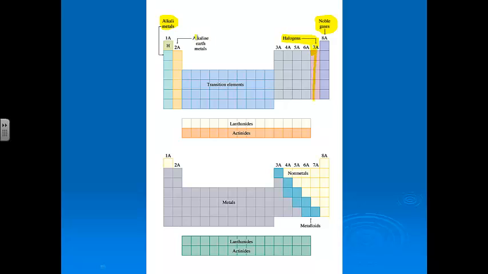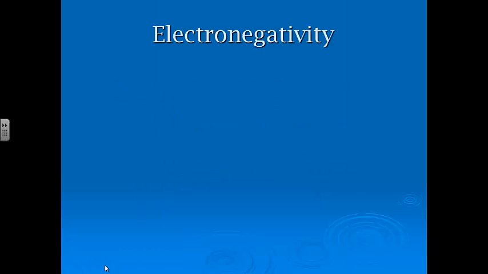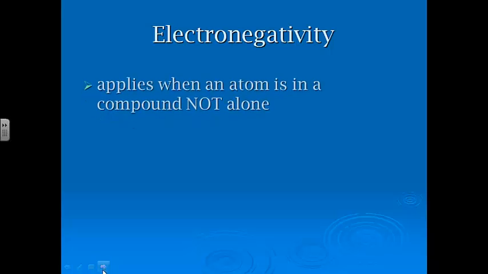Our alkali metals are our group 1s, alkaline earth metals are our group 2s, our transition metals, we've got our lanthanides, our actinides, and then we also have our breakdown to go way back of our metals on the left, our metalloids in the middle, and our nonmetals on the right. So some of these boxes are a little different than what we had last year, but this is the basic breakdown.